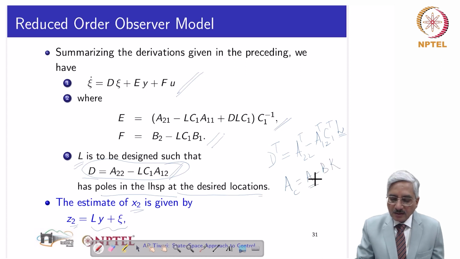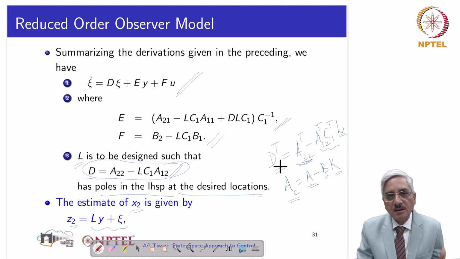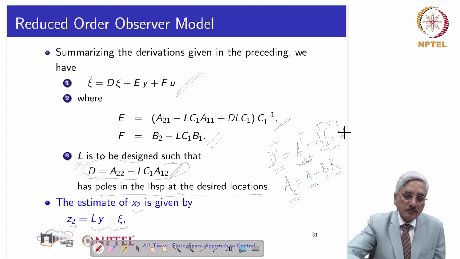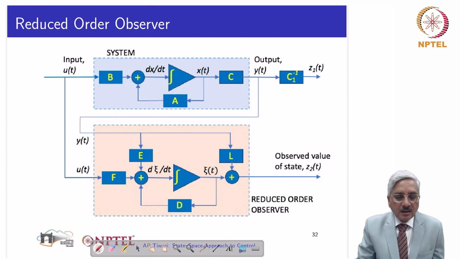So if we consider A22 transpose in place of A, A12 C1 transpose in place of B, then we chose a closed loop matrix AC and we got K. Here we have to choose a closed loop matrix D and we will get L. So we will get the observer.